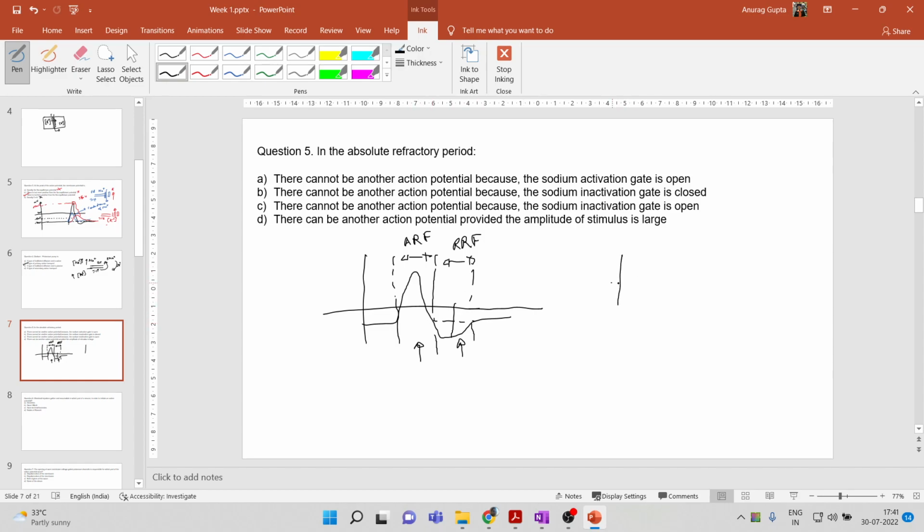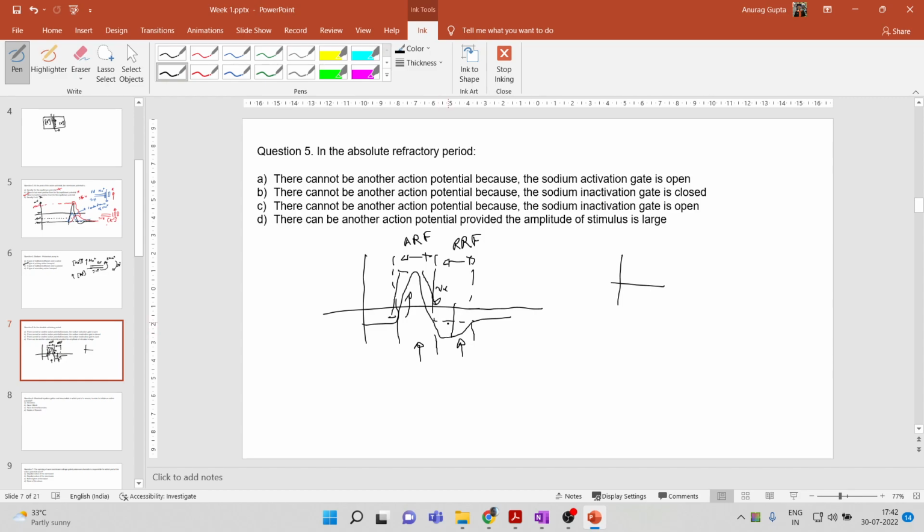Let us go to the terminologies. This is called depolarization, when the membrane potential starts to become positive. Then again when it starts to become negative, it is called repolarization, and if it goes below the resting membrane potential, that is called hyperpolarization. So in the hyperpolarized state, it is more negative, right?